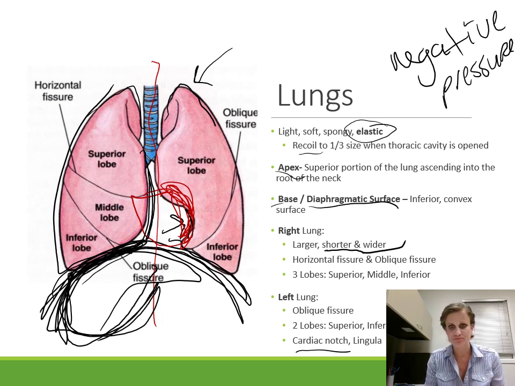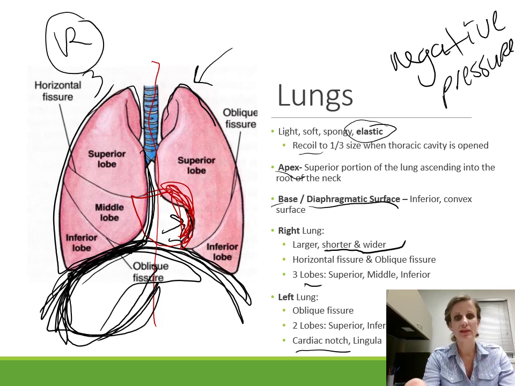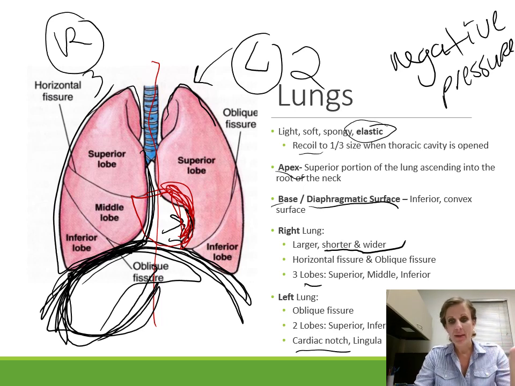Now, when we look at the lungs, again, the lungs are divided into large sections that we call lobes. And the right lung has 3 lobes. The left lung has only 2 lobes. The lung tissue is divided up by deep grooves that are called fissures. And the right lung has 2 fissures.